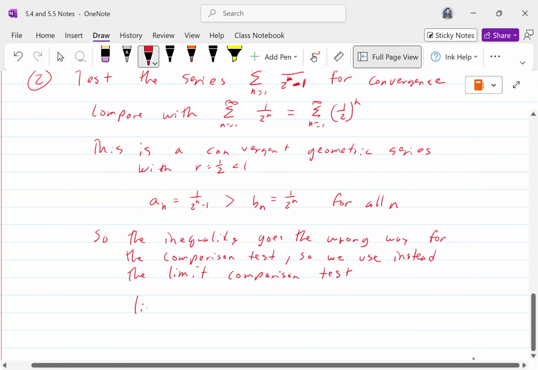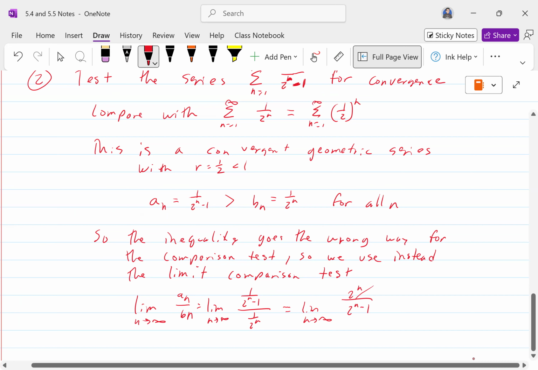Let's take the limit as n goes to infinity of a sub n over b sub n and see what this gives me. This is the limit of 1 over 2 to the n minus 1, all over 1 over 2 to the n, which is the limit as n goes to infinity of 2 to the n over 2 to the n minus 1.